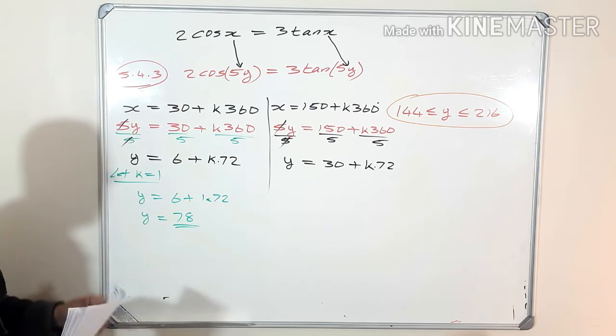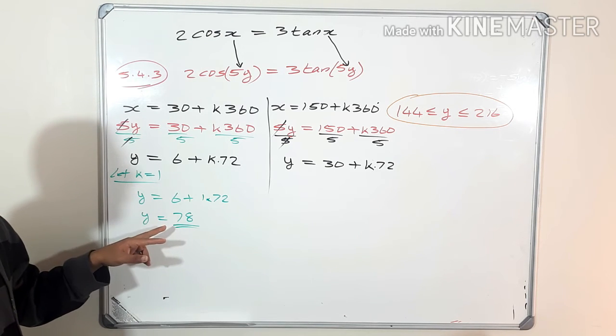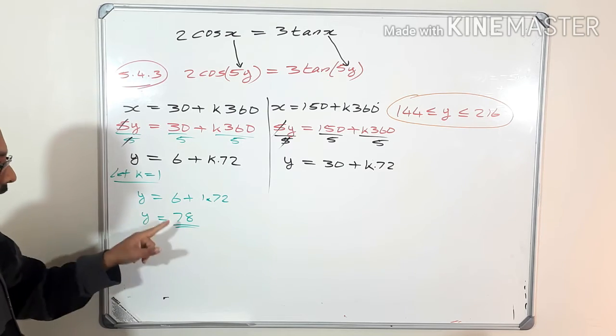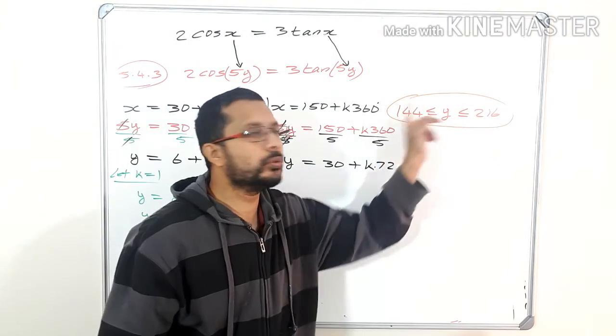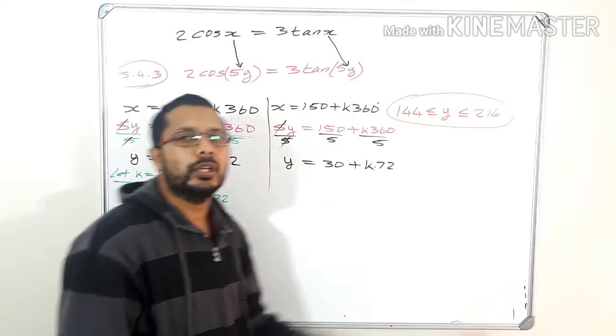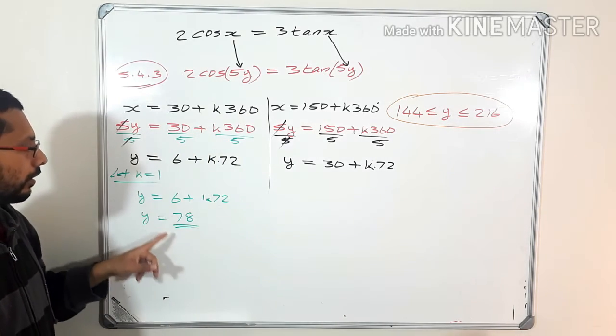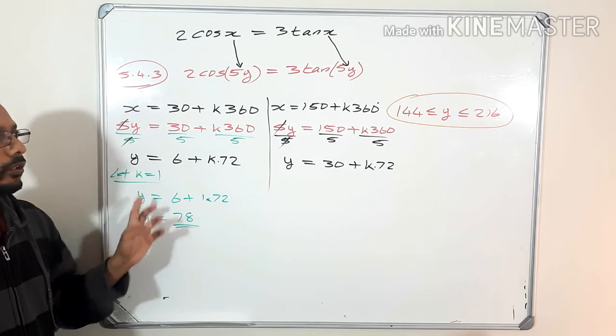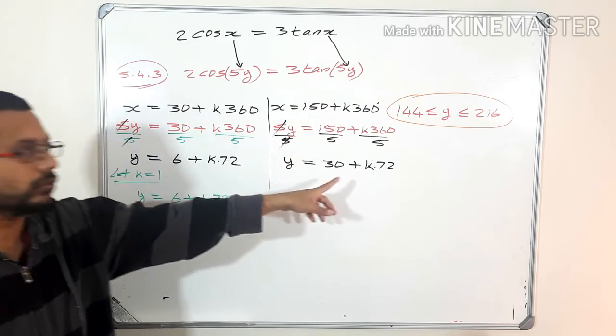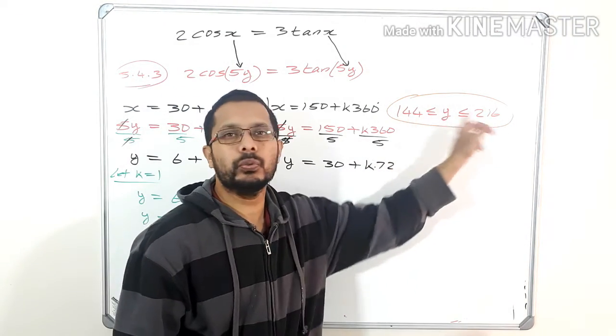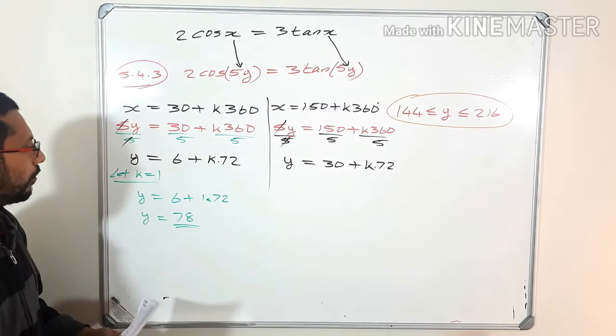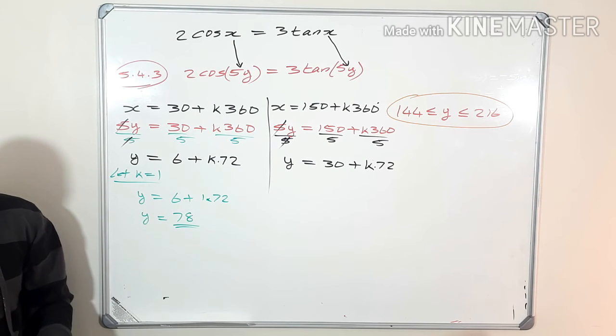We got a value of y, that is 78, but there is a problem. Is this 78 between these two intervals? No. So if we substitute k as 1, we are not getting the y value that we want. We want two y values between these two intervals. So let me try k as 2.